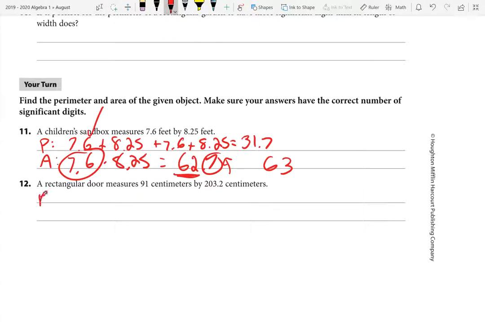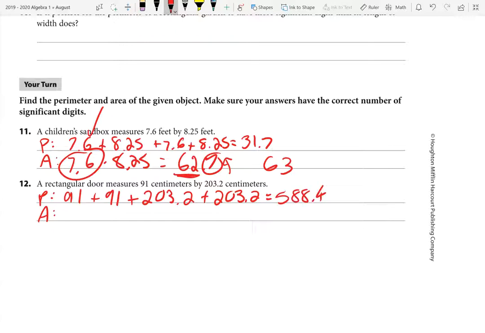So for perimeter on number 12, we would take 91 plus 91 again, plus 203.2 plus 203.2. If we add them all up, the actual perimeter is 588.4.